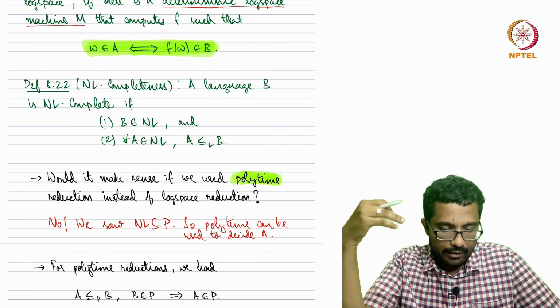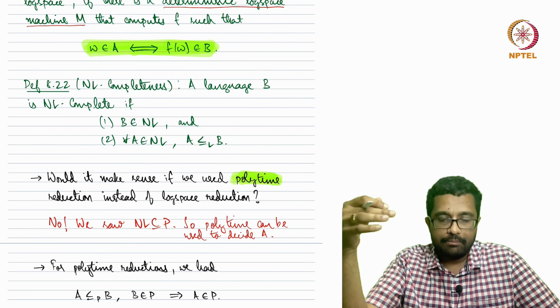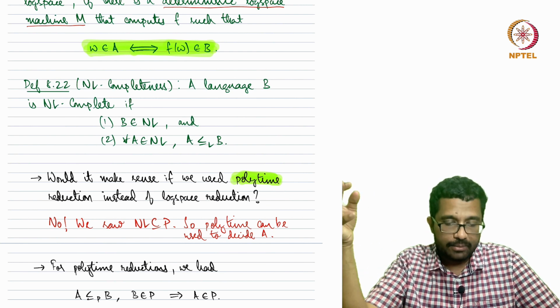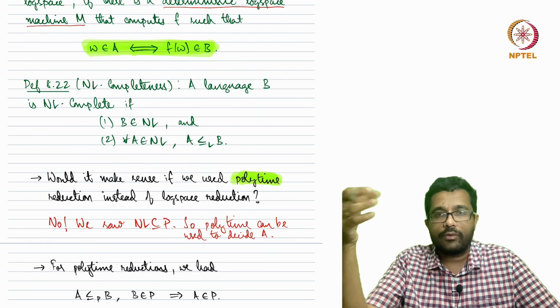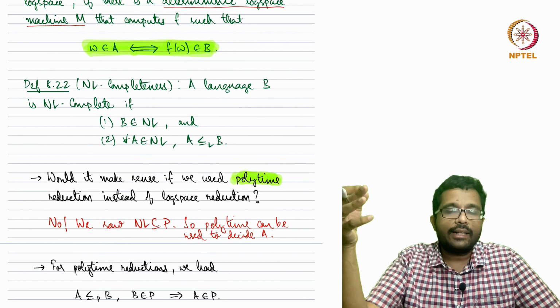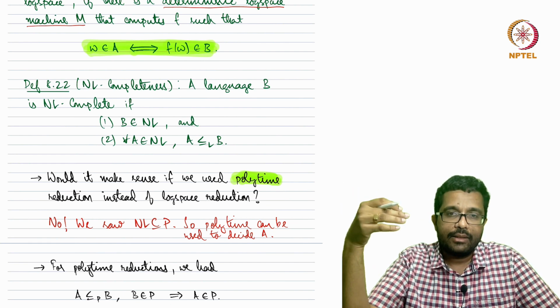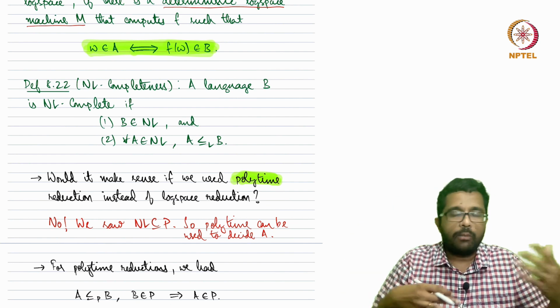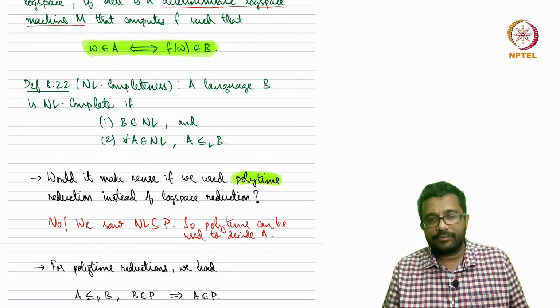Similarly, if we insist that the reduction is in polynomial time and not in log space, we can decide any language that is in NL in poly time. So it makes the whole point of reduction kind of meaningless.